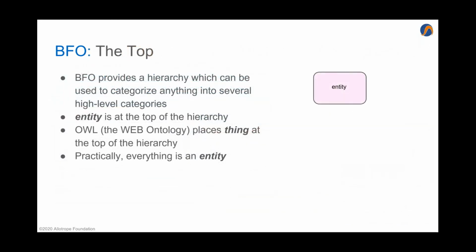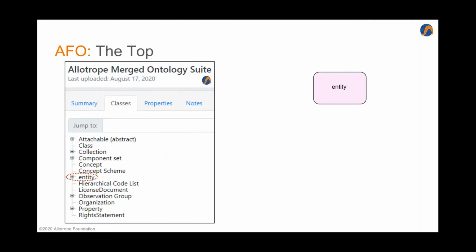BFO is at the top. The web ontology places things at the top. So practically, entity is at the top of the hierarchy, and practically everything around us is an entity. So if we look at the screenshot for the AFO, we see entity at the top of the tree.